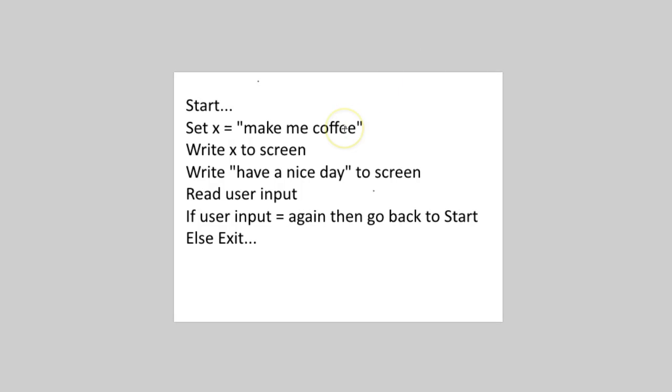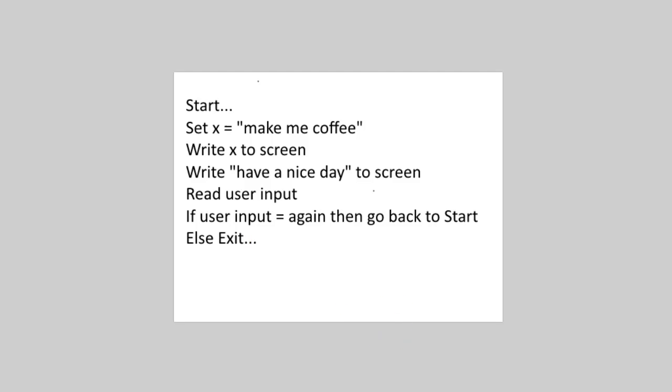This program will basically set a variable to make me coffee, write that to the screen, write have a nice day to the screen, and read the user input. If the user says, hey, do it again, then I will do all that again until the user types something else, and then the program will exit. So I will write that in Java.